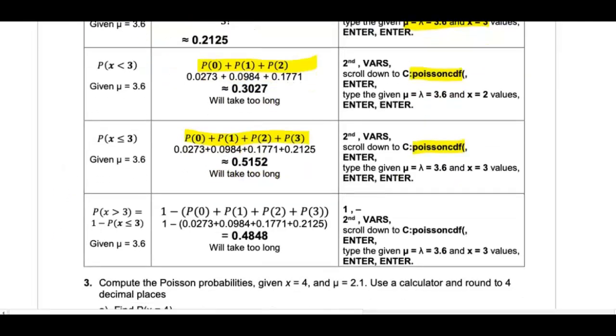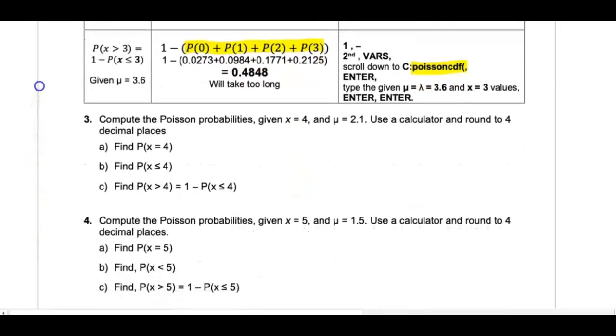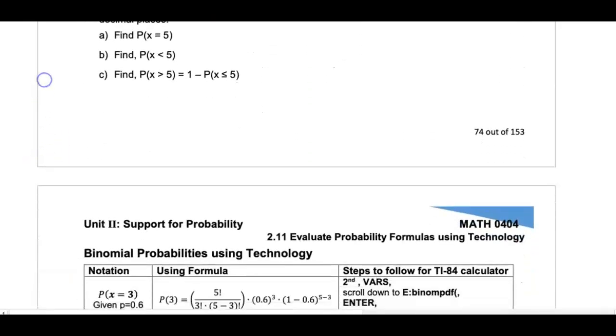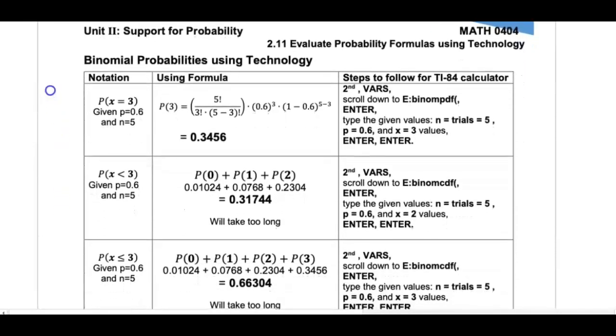Greater than 3 would actually become 1 minus. We already saw this flip in the earlier table, and so we would have our CDF because we want to include 0, 1, 2, 3. Great. You're going to try number 3, number 4.